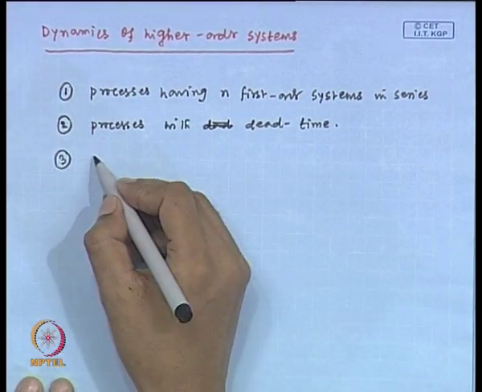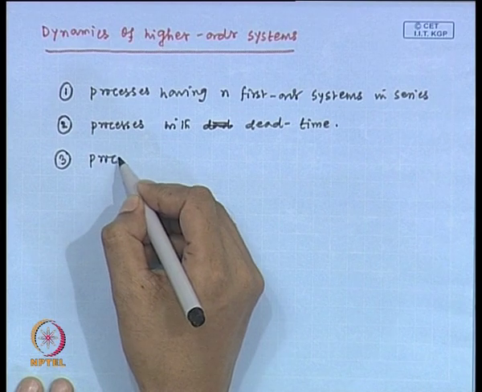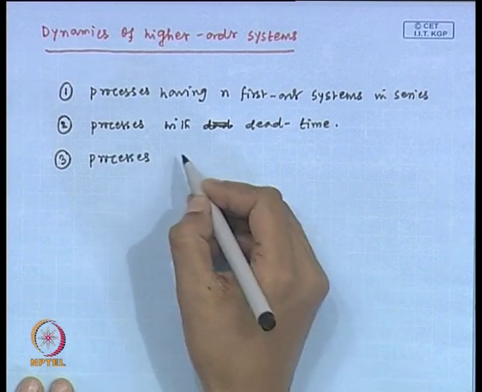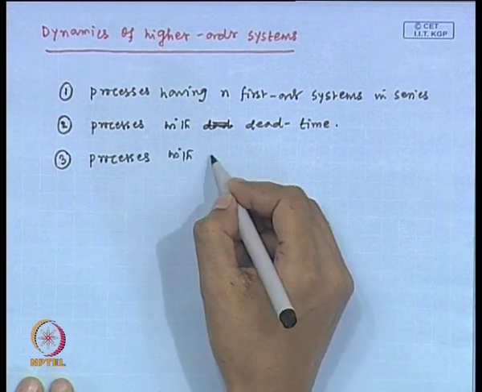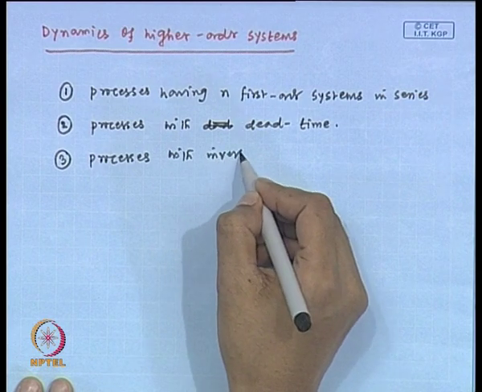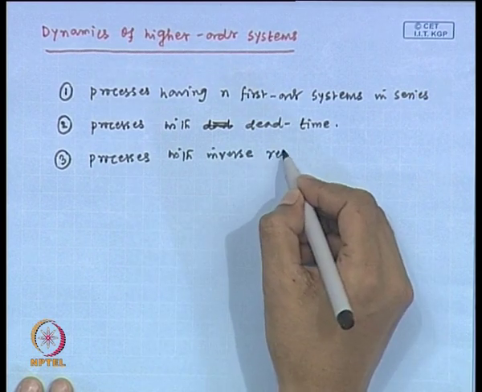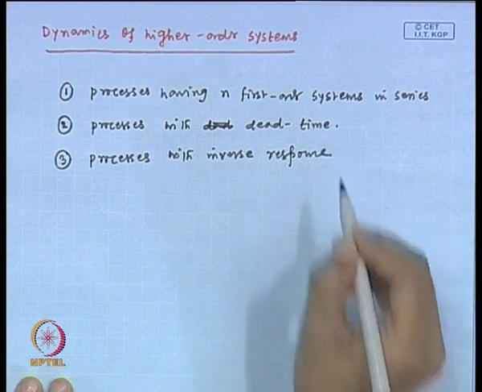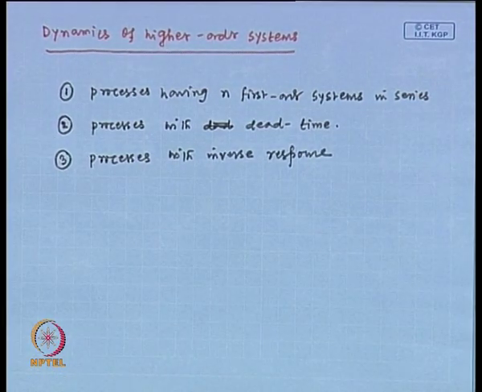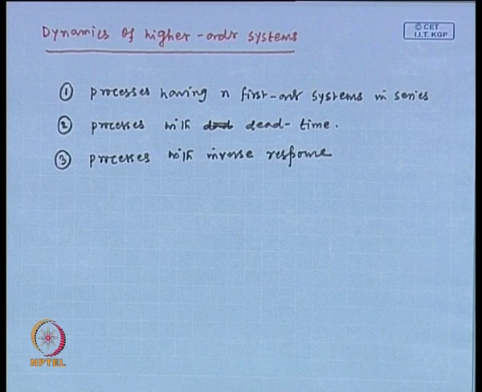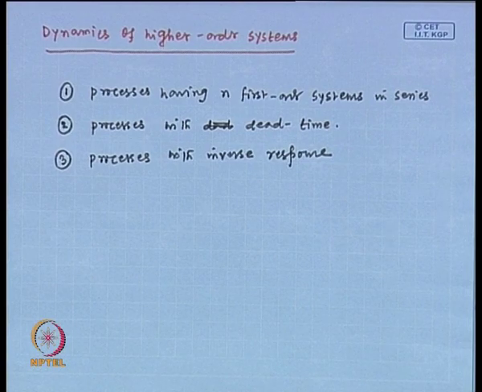Examples include processes with inverse response. So these are the examples of n order systems, and all these three processes we will discuss one by one.